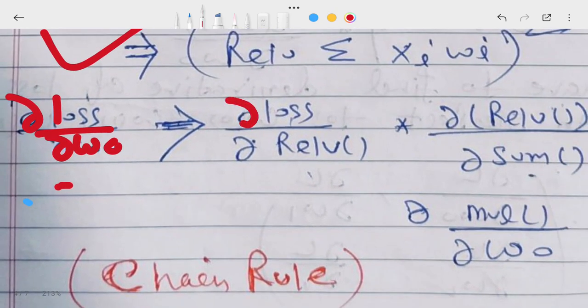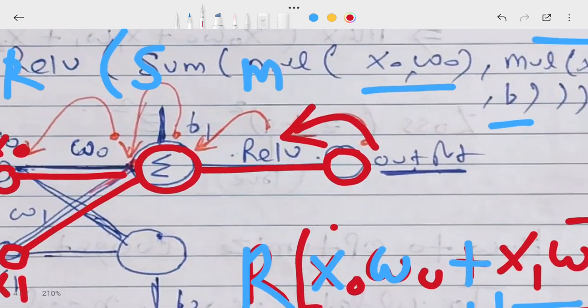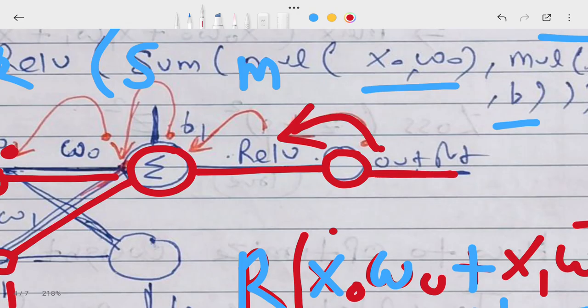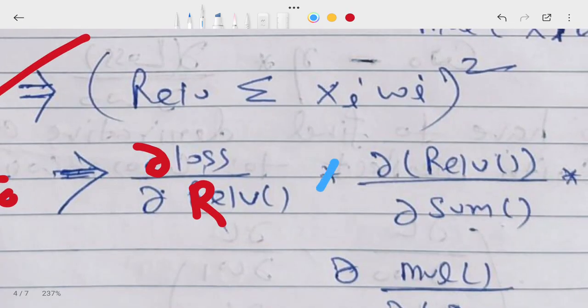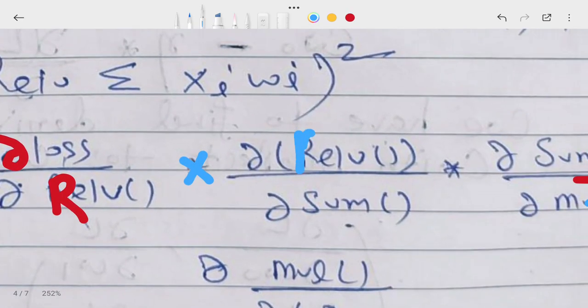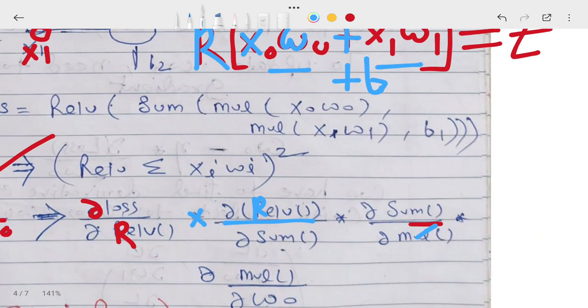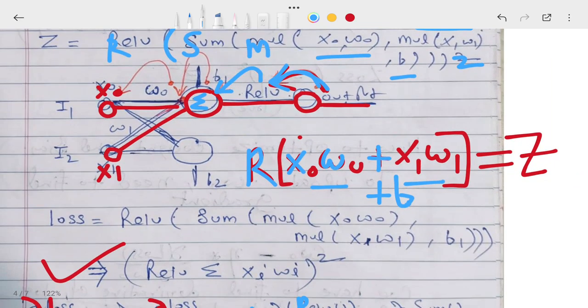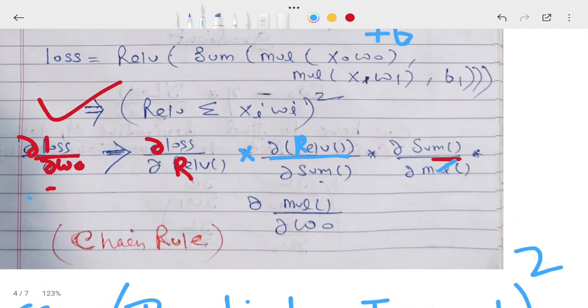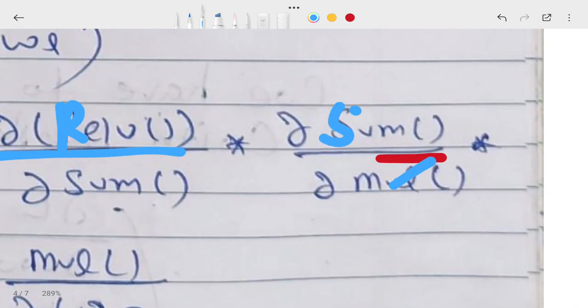Loss with respect to ReLU, then my ReLU with respect to sum. There is a sum, you can see. Then my sum with respect to mul.